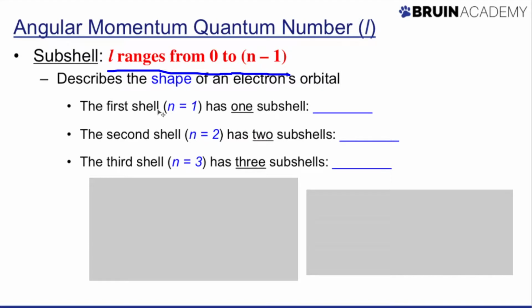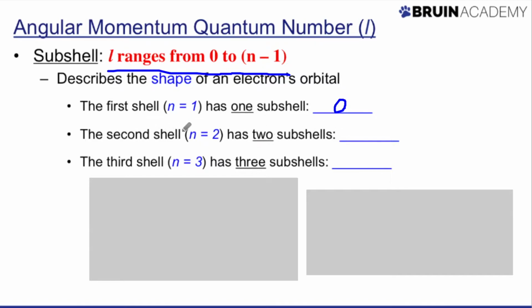The first shell, which is n equals 1, has only one subshell. Because if n equals 1, then the only possible value of L is 0 to 1 minus 1, which is 0. So the only possible value is going to be 0. And that number 0 represents one subshell. It might sound confusing right now, but let's do the second one.